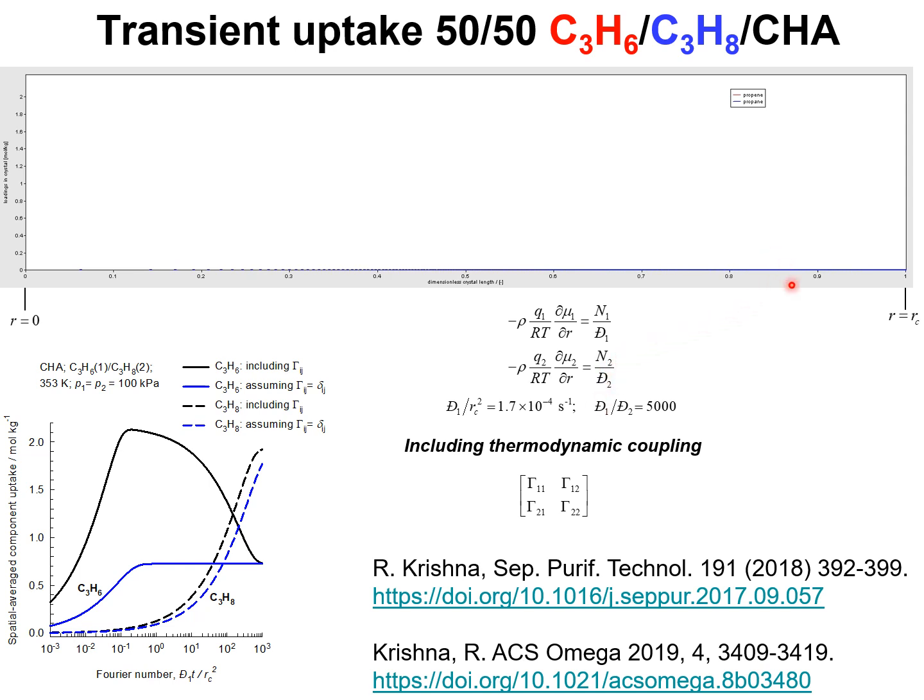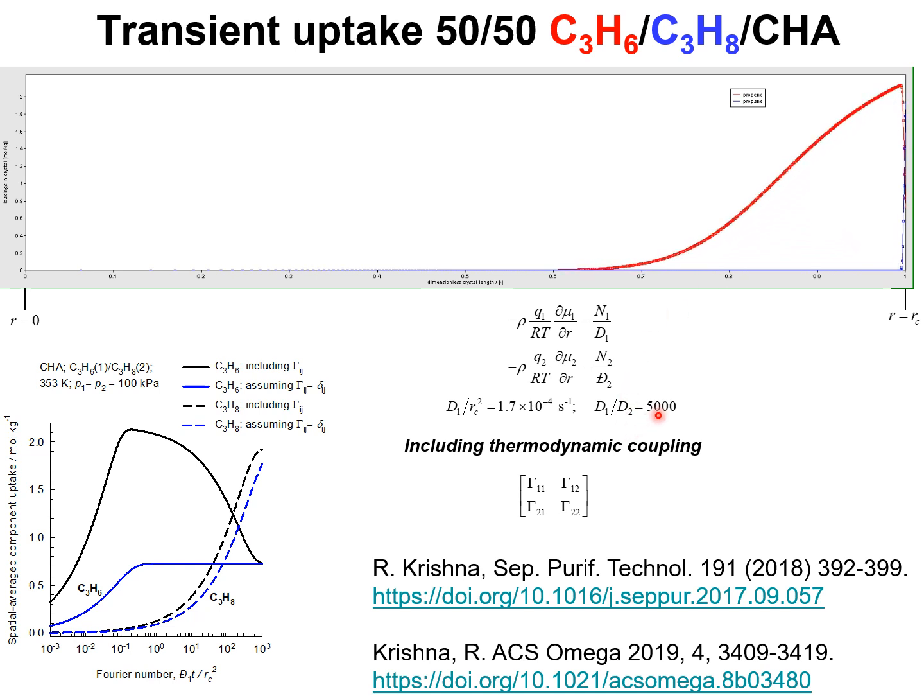Let's have a look at the animation for the transient uptake. This is the surface of the particle. The red line shows the uptake of propene that has a diffusivity 5,000 times larger than the diffusivity of propane.